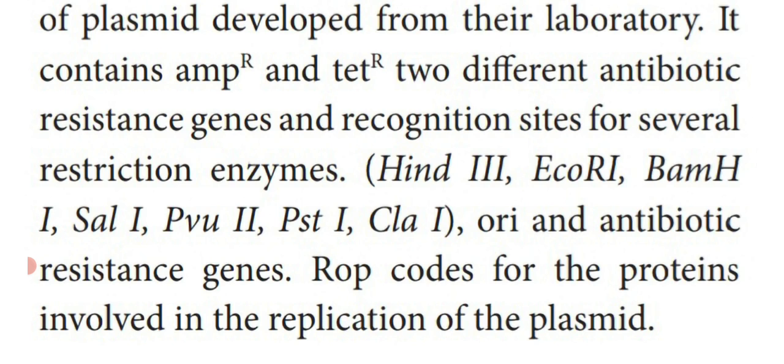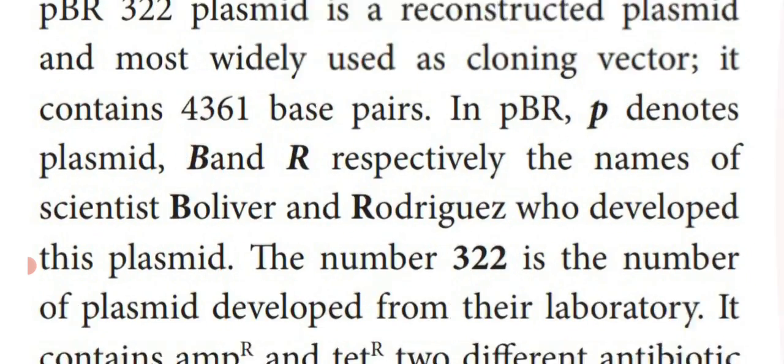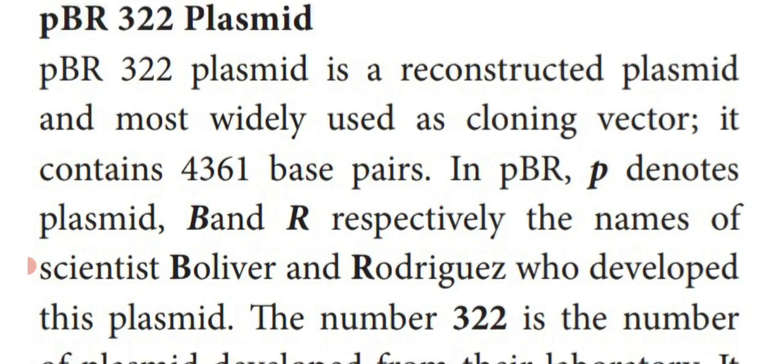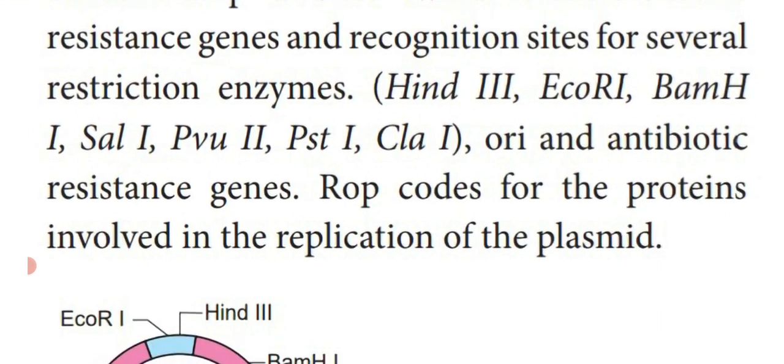And also, apart from that, it has the protein called ROP. ROP code is involved in the replication of the plasmid. ROP codes for the protein which is responsible for the replication of the plasmid. So this is the characteristic feature of the pBR322 plasmid.